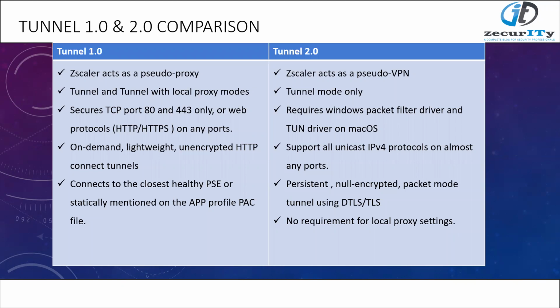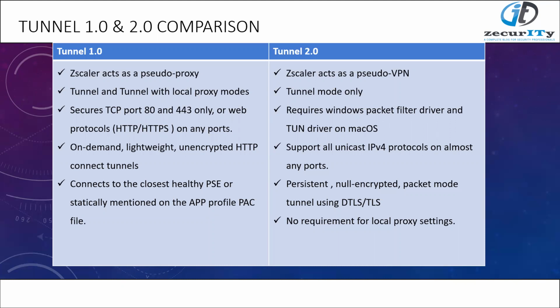Let's see the basic comparison between Tunnel 1.0 and 2.0. Tunnel 1.0 is just a pseudo proxy. Tunnel 2.0 acts as a pseudo VPN. Both Tunnel and Tunnel with local proxy modes are supported in Tunnel 1.0, whereas only Tunnel mode is supported in Tunnel 2.0.